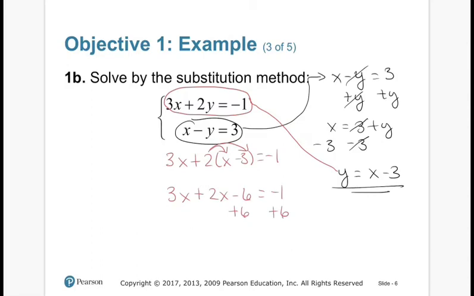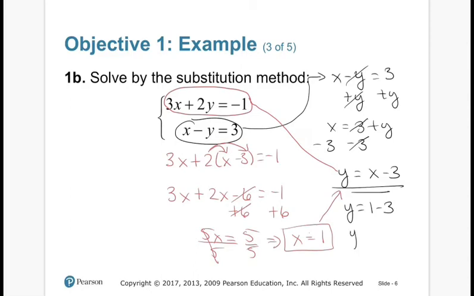Plus 6 to both sides. 3x plus 2x is 5x, is equal to 5. Divide by 5 on both sides. So x is equal to 1. I'm going to plug it into this one. So I have y equals 1 minus 3. So y is equal to negative 2. So the solution for this system is (1, negative 2).